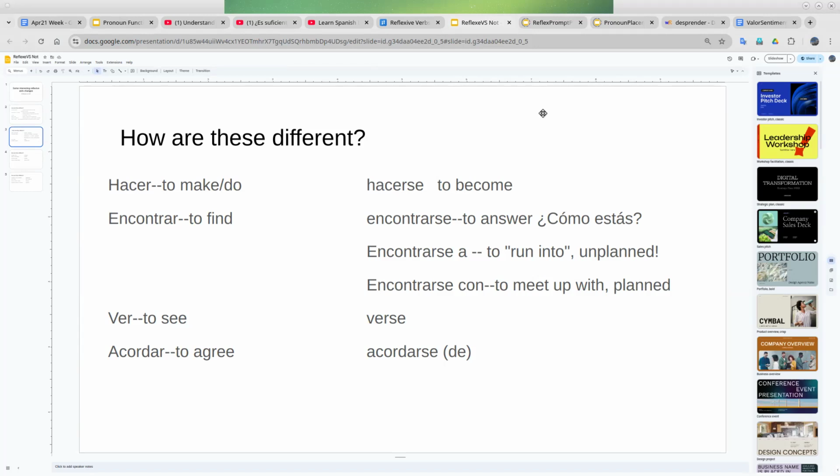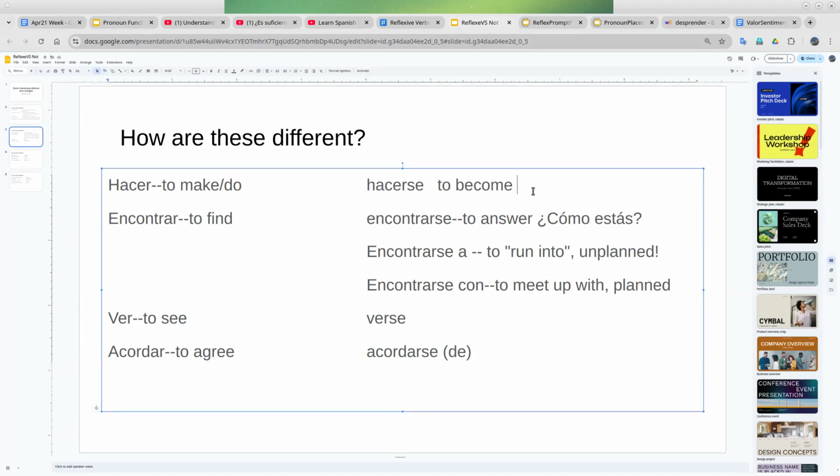Hacerse means to become something. Usually this will be more in the past, so I don't expect you to know that. But for example, you might say, my grandson became a teacher, right?